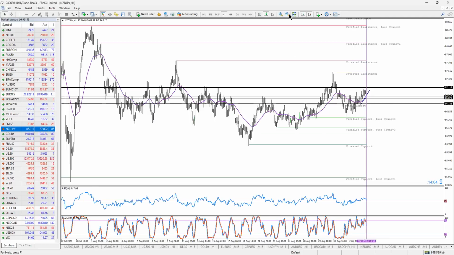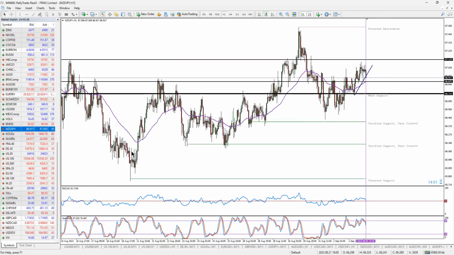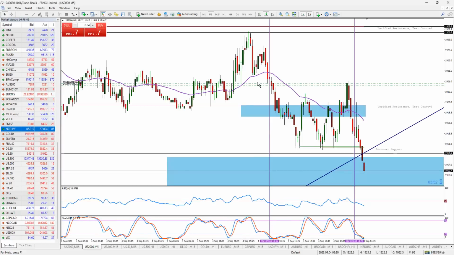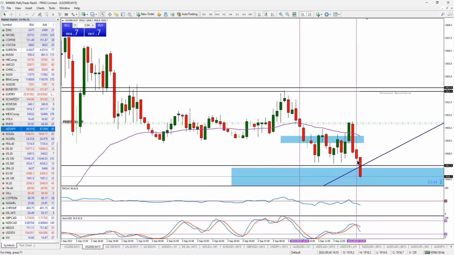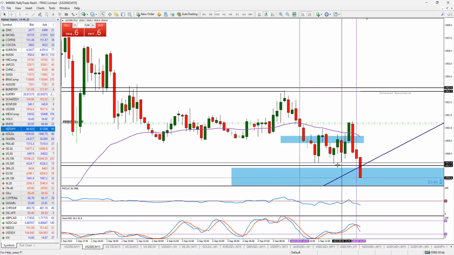Although I don't even know why you trade this, because look, there's so much noise. I don't think you should be trading this. Look at all of these wicks. Too much noise in this. You want instruments that don't have any noise. Can you see how this thing keeps breaking, how it keeps breaking where I set this here before?